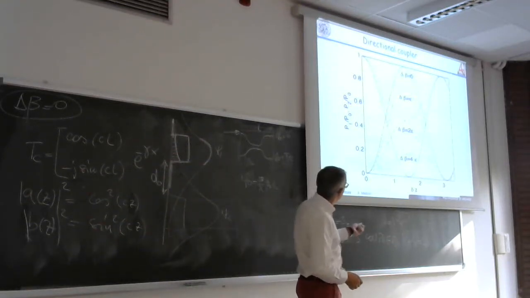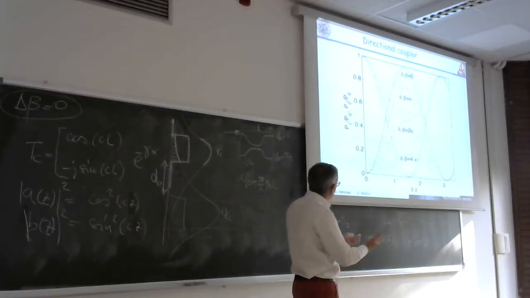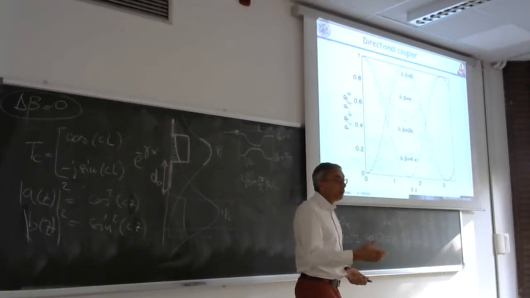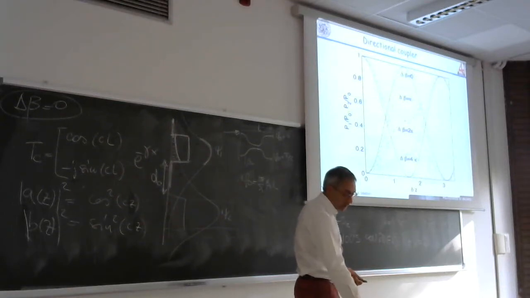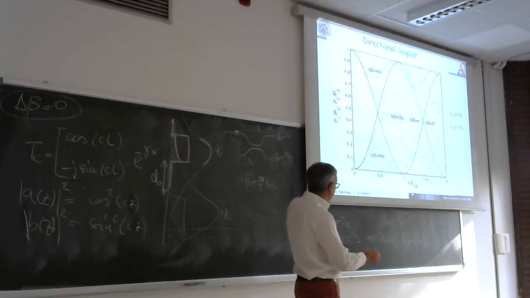This is the real conclusion of all the formulas that we wrote. There is the synchronous case, there is the asynchronous case. The argument of the trigonometric function in your transmission matrix, you can write the same as a function of the real length.